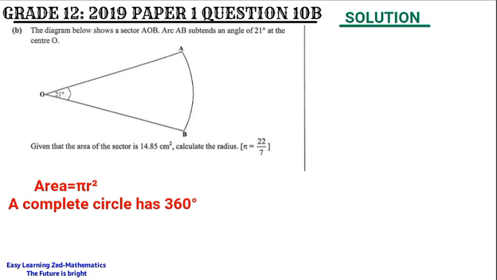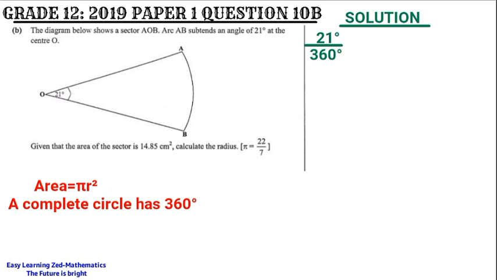I'm going to write 21 degrees, the angle given, out of 360 degrees of a complete circle, because the 21 degrees is coming from a complete circle. So I write it as a fraction: 21 degrees over 360 degrees.